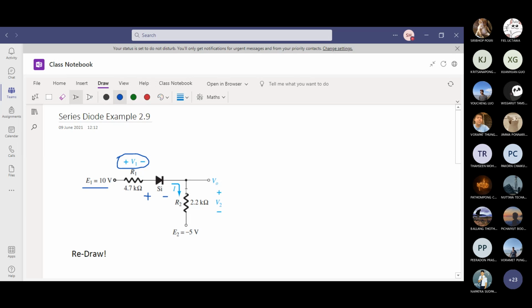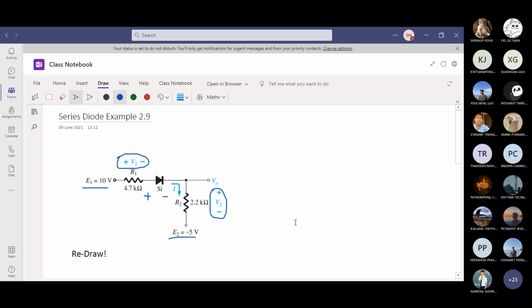And then at this branch, you have a second resistor R2, which is not connected to the ground, but connected to a second voltage source with the polarity -5. The voltage across R2 is given as V2, plus minus, like this. It means you put the plus probe here and the minus probe there.